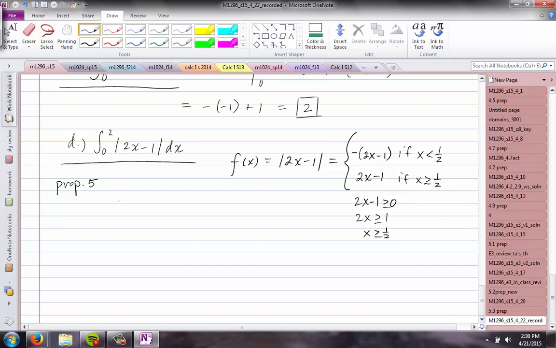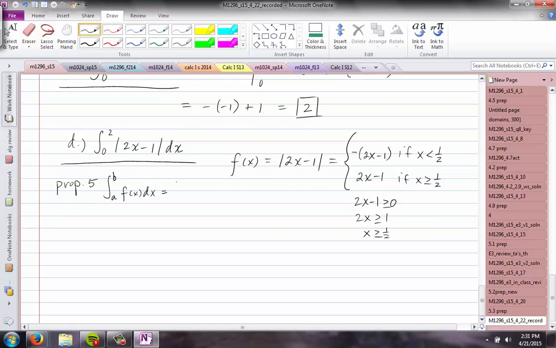Property 5 was the one that said if you have an integral on the interval a to b, you can break it up into two pieces. Actually, let me get my notation right, it was a to b.